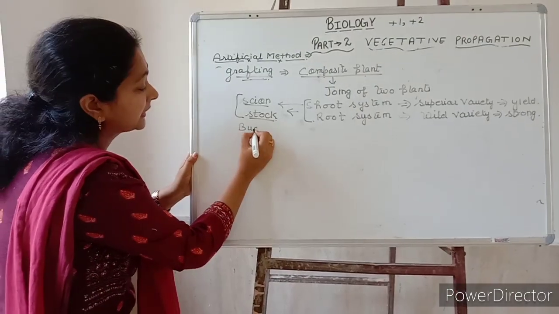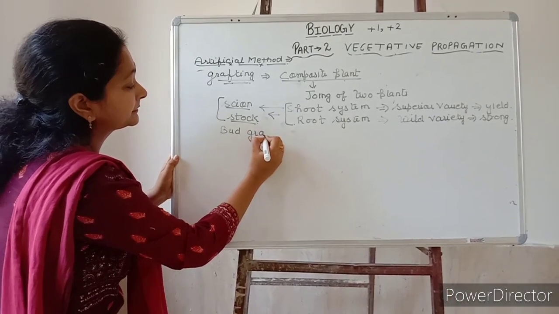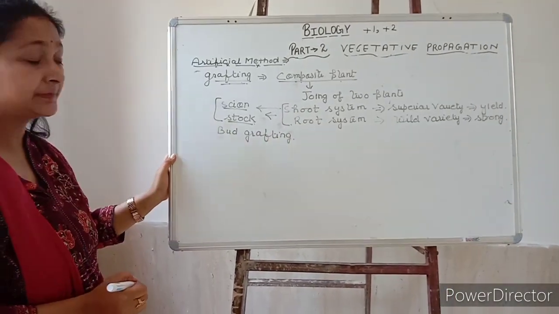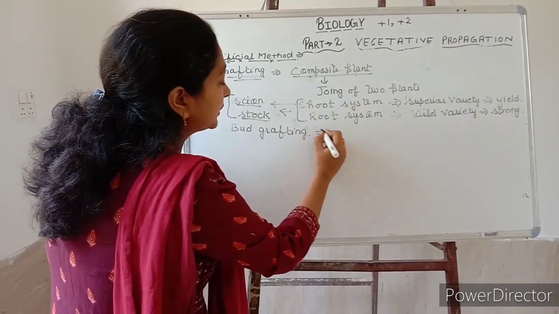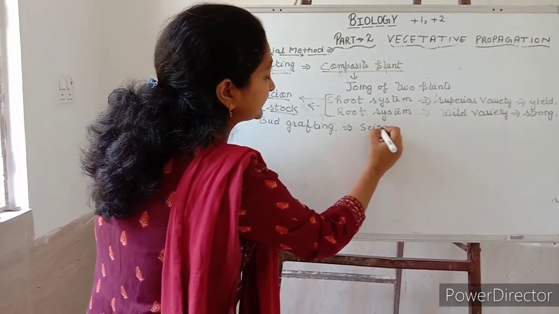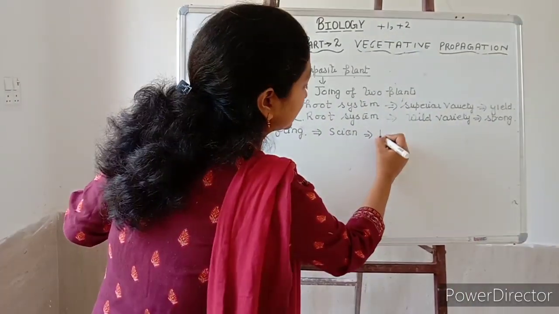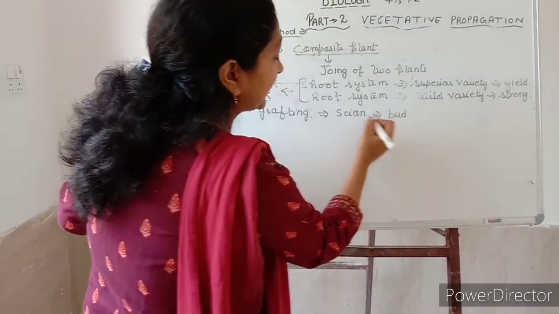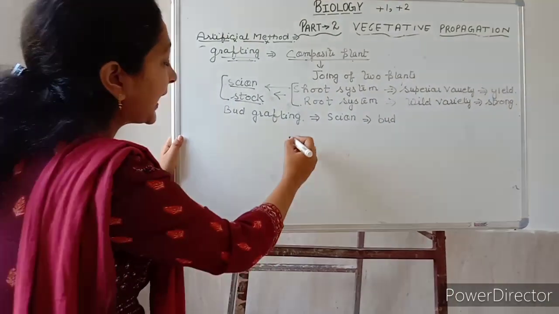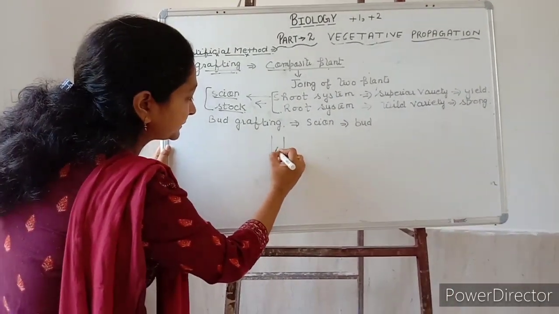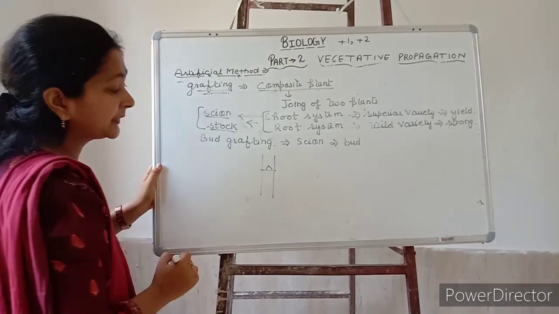Next is bud grafting. In case of bud grafting, a bud will behave as a scion, and it is inserted in a tree with the help of a T-shaped cut.